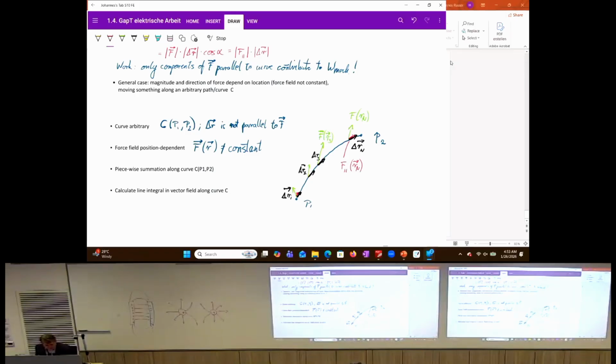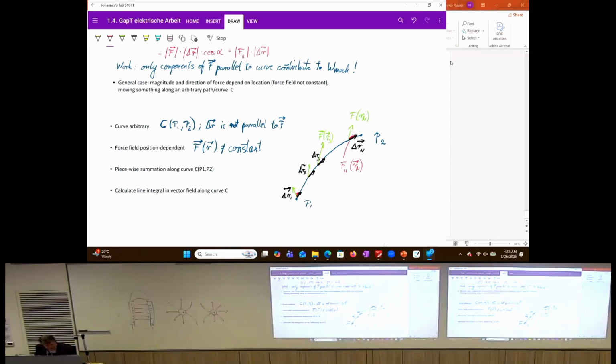So you have this curve and you divide it into a large number of small segments, and you look for each segment at what the force is. You have to specify, of course, a specific point of that segment, maybe the beginning of the segment, but in the end, you make so many segments that this becomes an ever better match, and basically you transition to an integration over infinitely small curve elements.